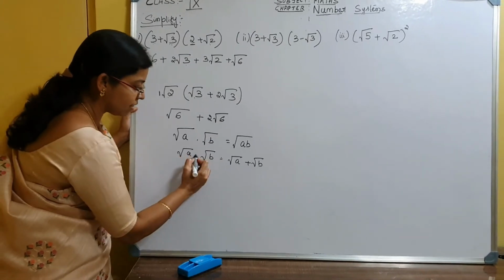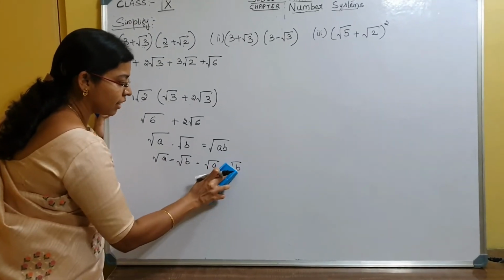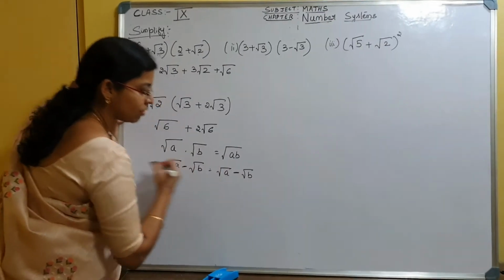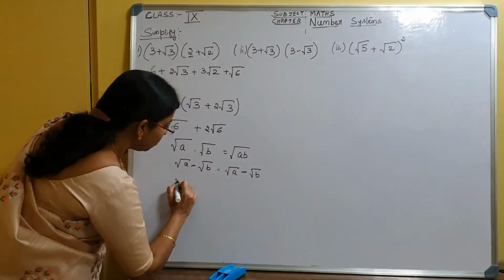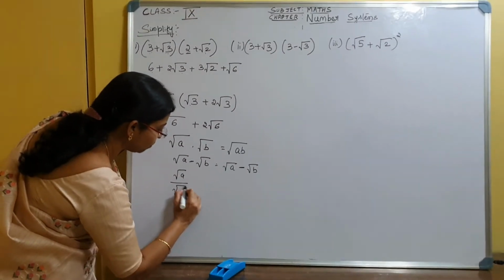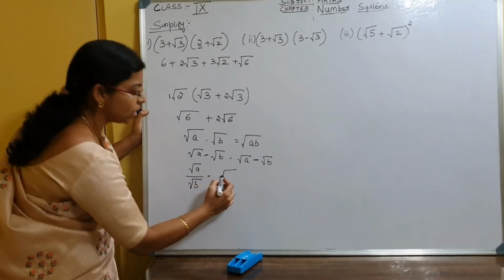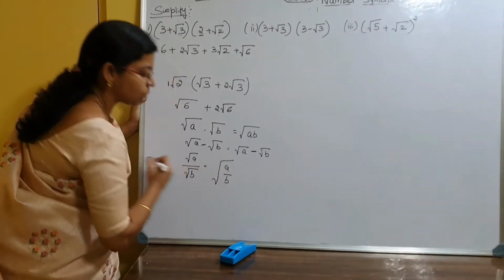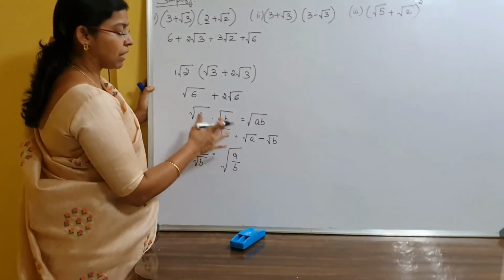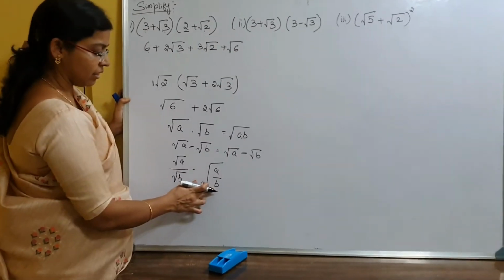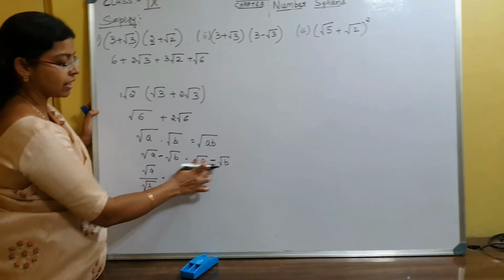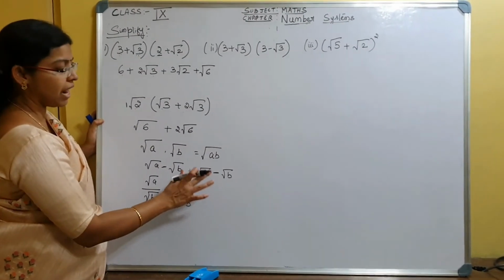If it was minus here, the answer will be minus itself. Whereas root A divided by root B comes in the same one square root, A divided by B. So unlike terms can be multiplied and divided, whereas they cannot be added and subtracted. Only like terms can be added and subtracted.